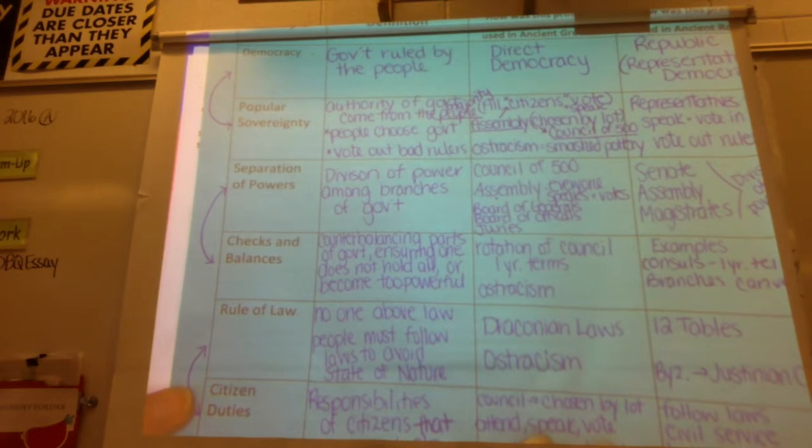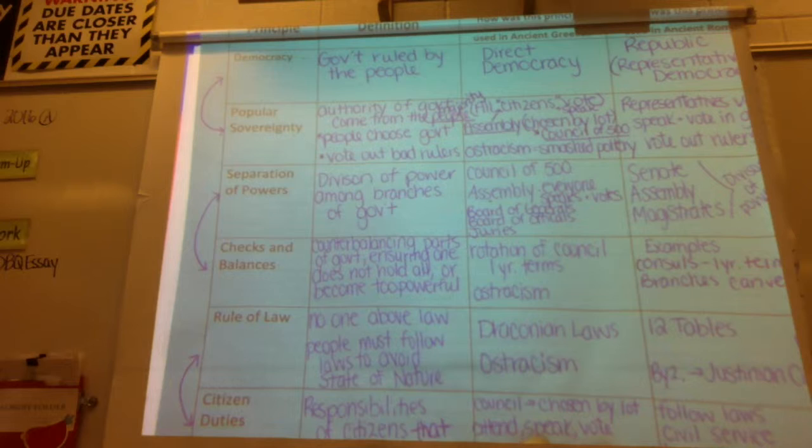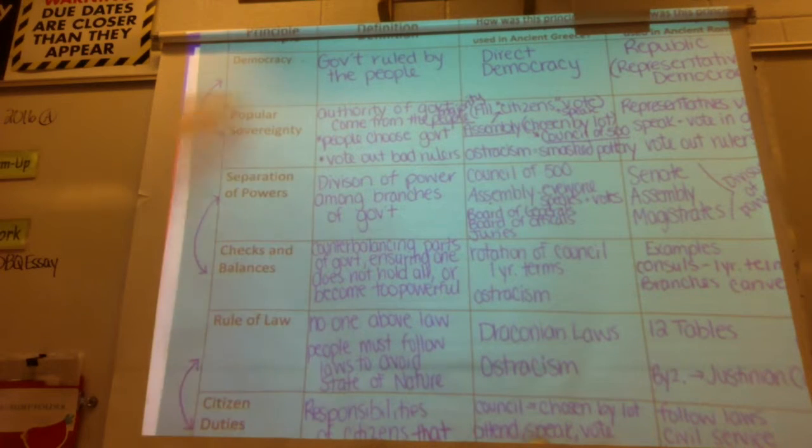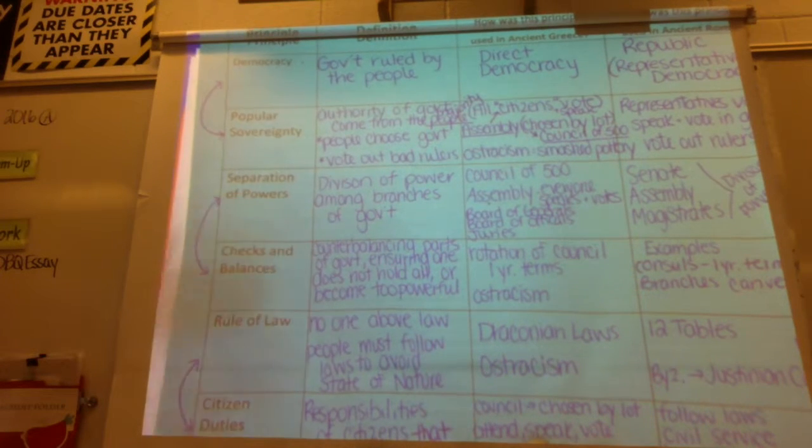It will make writing your essay a lot easier, and you have to use the documents, and you can't double up, so it'll be easier to pick what documents you plan to use if you choose 1 from each of these groupings. Okay, so pick like democracy, pick separation of powers, pick rule of law, something like that.